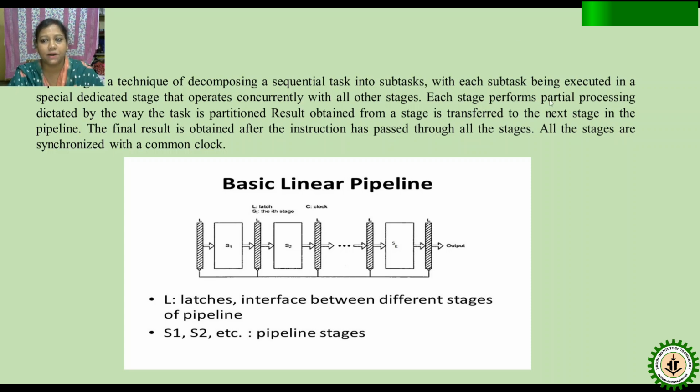So each stage performs partial processing. Partial processing means, suppose S1's only operation is addition. If addition is required in your job, addition is performed, then the result is passed to the next stage in the pipeline. Suppose A plus B is computed in the S1 stage and passed to the next stage.